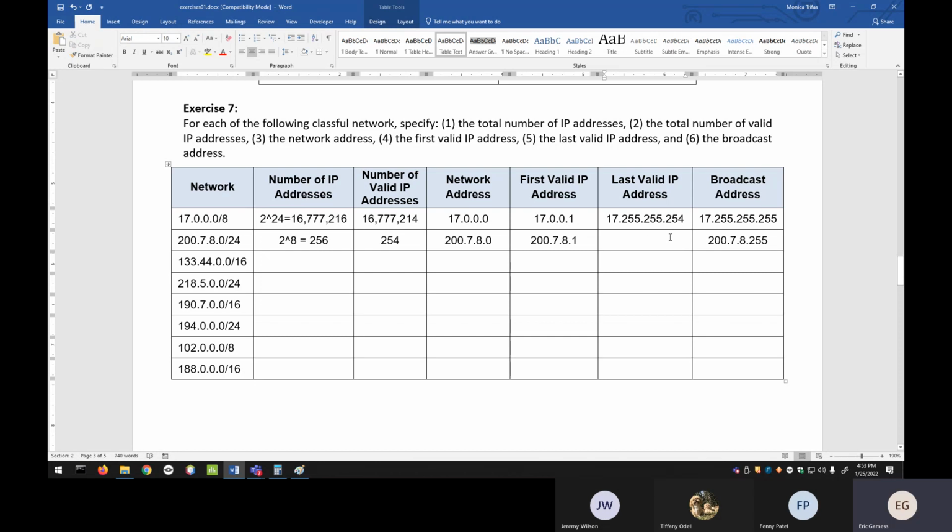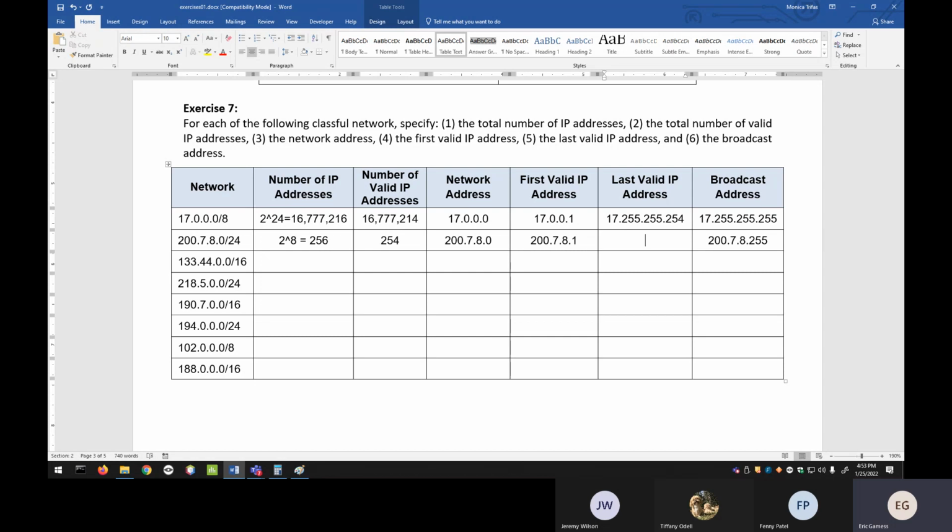What will be the last valid IP address? It will be one IP address before this one. What is the IP address that can be before 200.7.8.255?